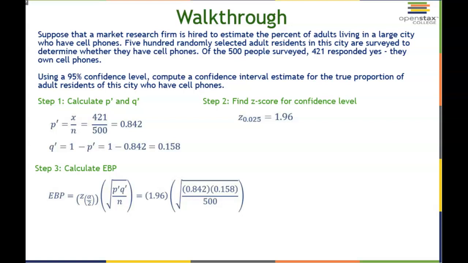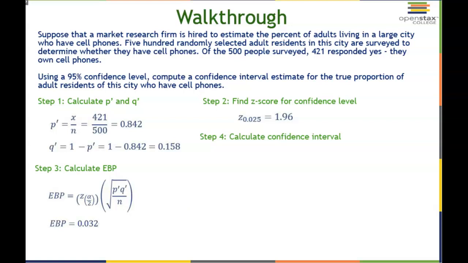Z is 1.96. So 1.96 times the square root of 0.842 times 0.158, all divided by 500. Throw that into a calculator and we get 0.032. Third step completed. We have our error.